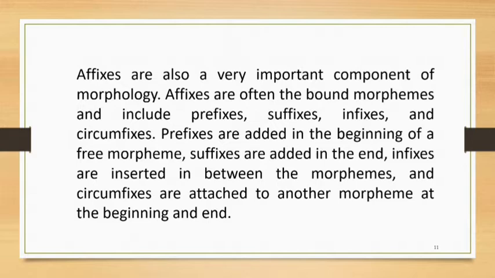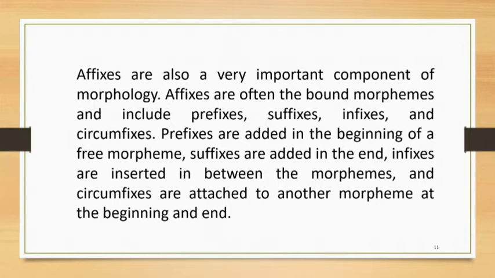Prefixes are added in the beginning of a free morpheme. You know that. You have a free morpheme. When you add a bound morpheme in the beginning, you call it a prefix. And suffixes are added at the end. When you add a bound morpheme at the end of a free morpheme, you call it a suffix.